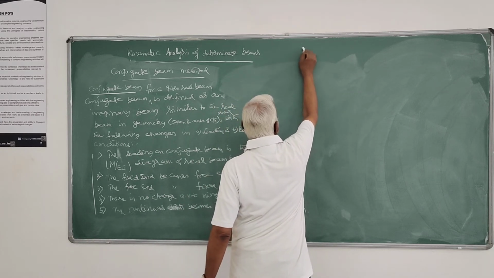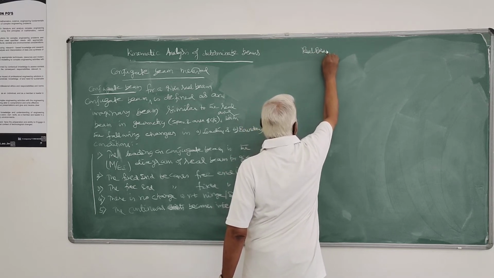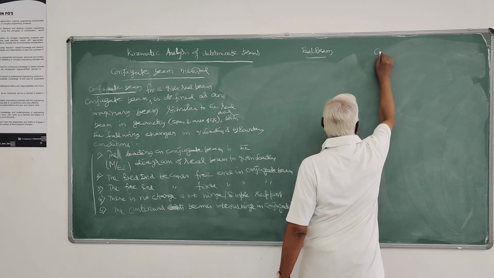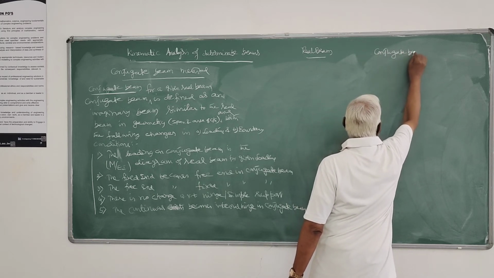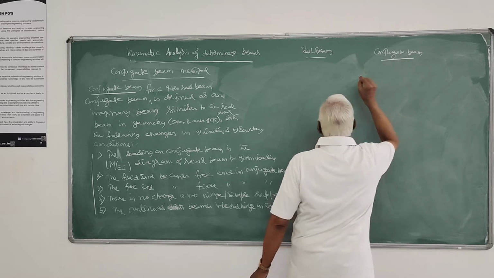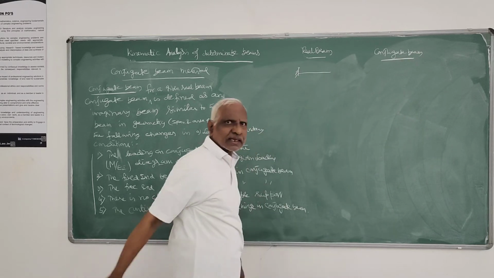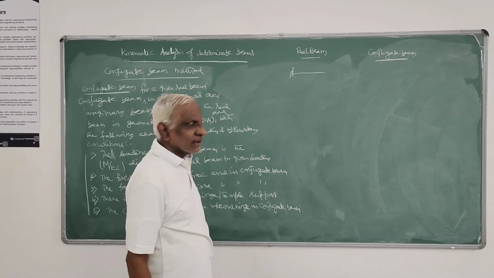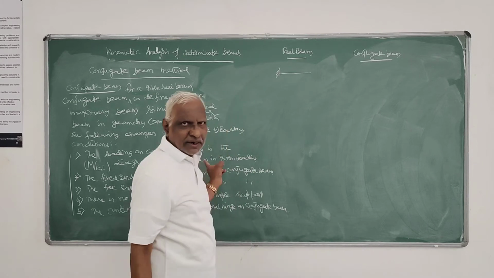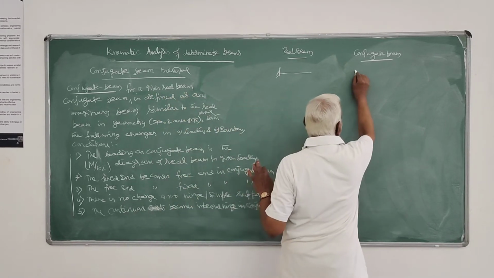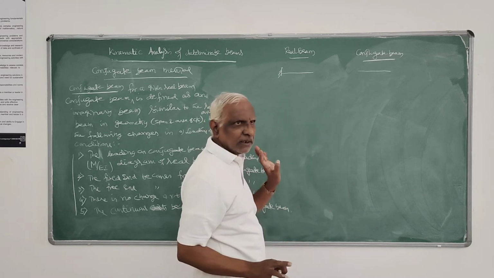That is with respect to the diagram. So we can say the corresponding conjugate beam. If the real beam is a cantilever like that, then the corresponding conjugate beam has the same geometry, as I have told. It should be of the same length, and the cross section also should be the same.